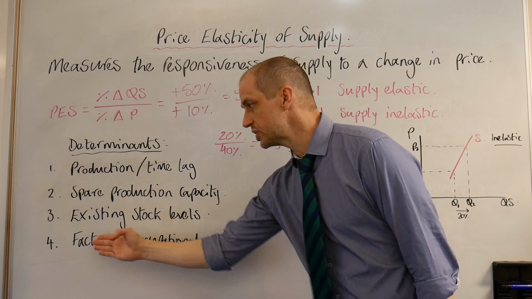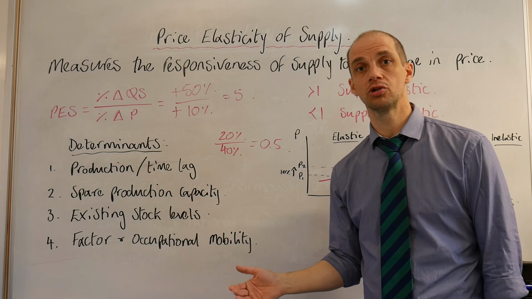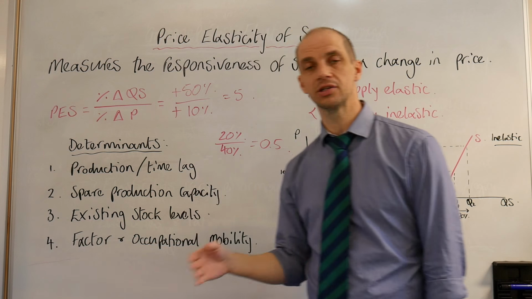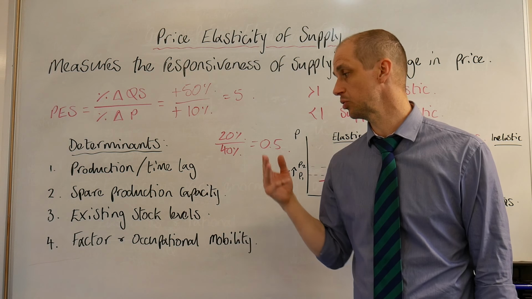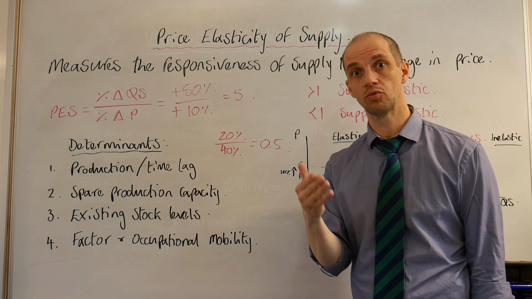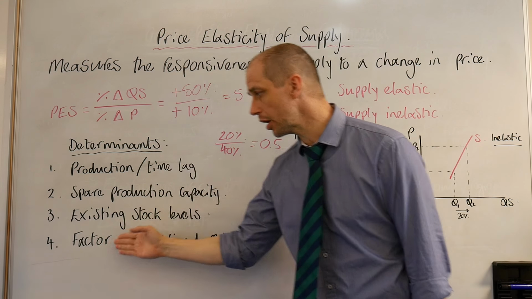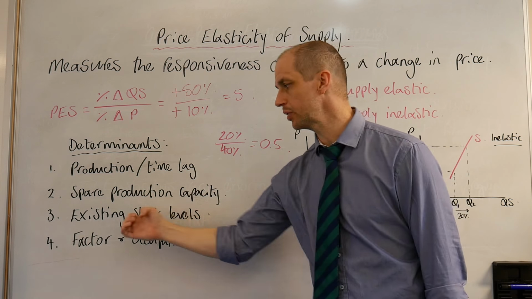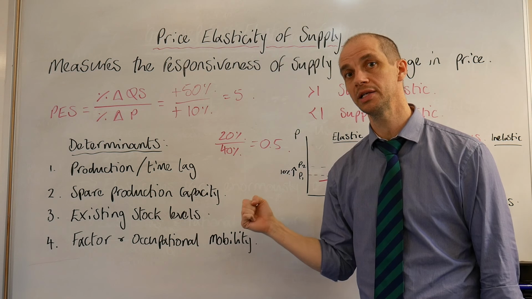Okay, further to this, we've got factor and occupational mobilities. So our factors of production, land, labour, capital, how easily can they actually move between different roles and perform different jobs to produce different goods? So how easily can that actually take place?